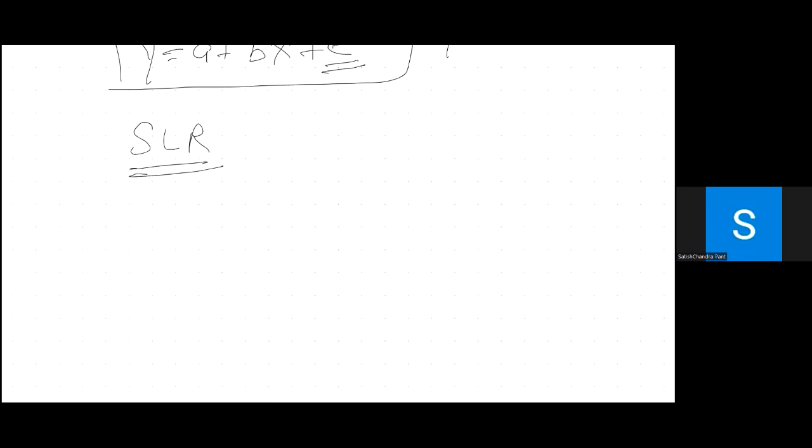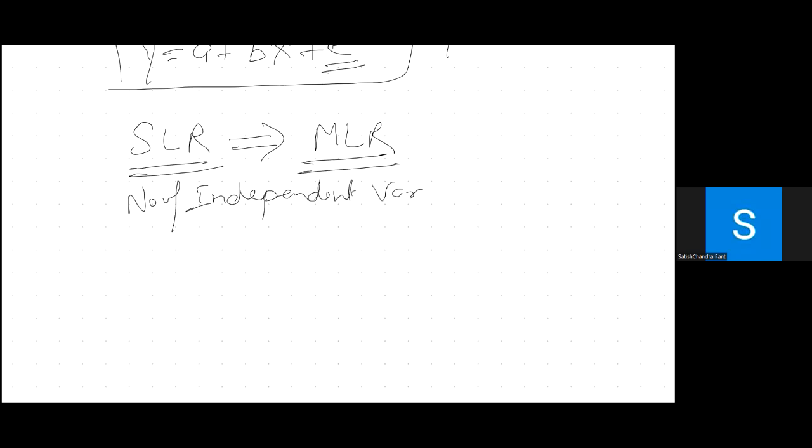Now, when we are moving from simple linear regression towards multiple linear regression, the difference between these two techniques depends on the number of independent variables. In case of SLR, we have one independent variable.